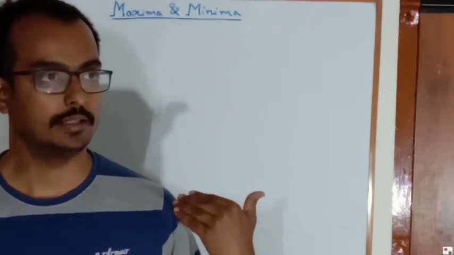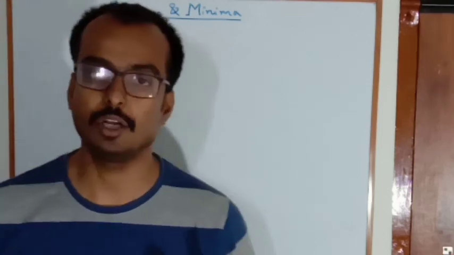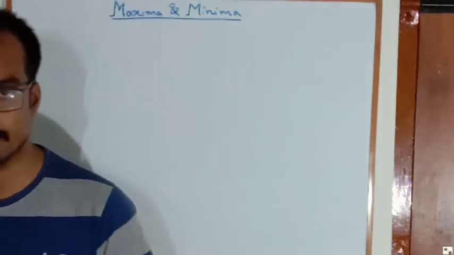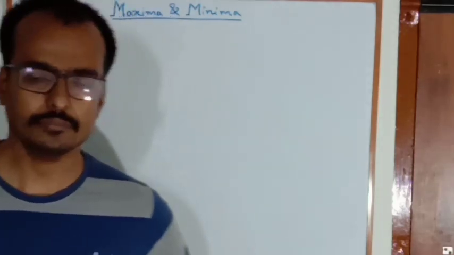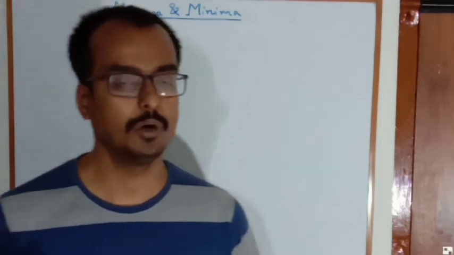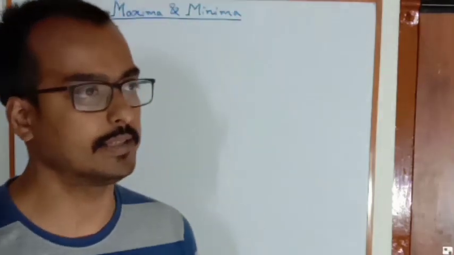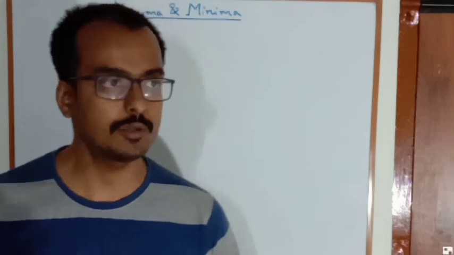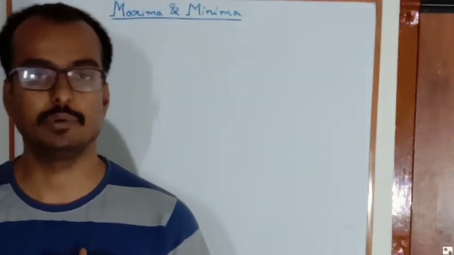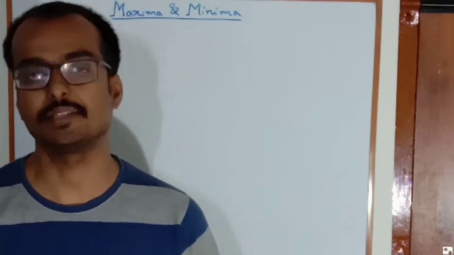So this will be, I think, the end part of maxima minima for more than single variable case. In the last videos, we explained how this maxima minima process is done, and we also explained one example, I think. Then we went to economic applications.